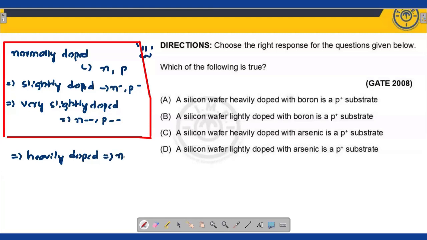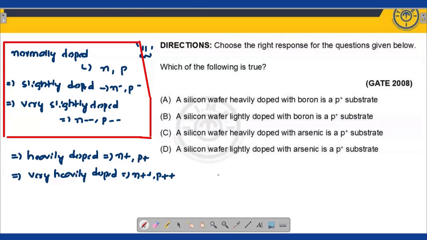Heavily doped is N plus. Very heavily doped is N plus plus and P plus plus. N plus and P plus.